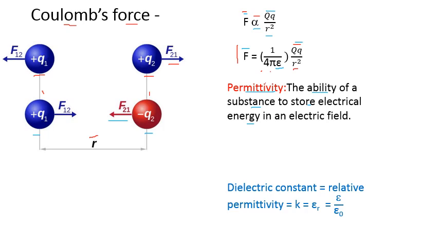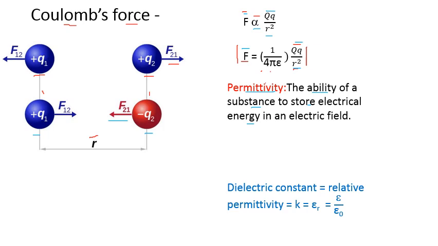It also depends on the distance between these two. And one more point, it depends on this epsilon also. Means up to what extent the force is, who will decide this? No doubt, capital Q, small q or r, and in addition to this, epsilon.